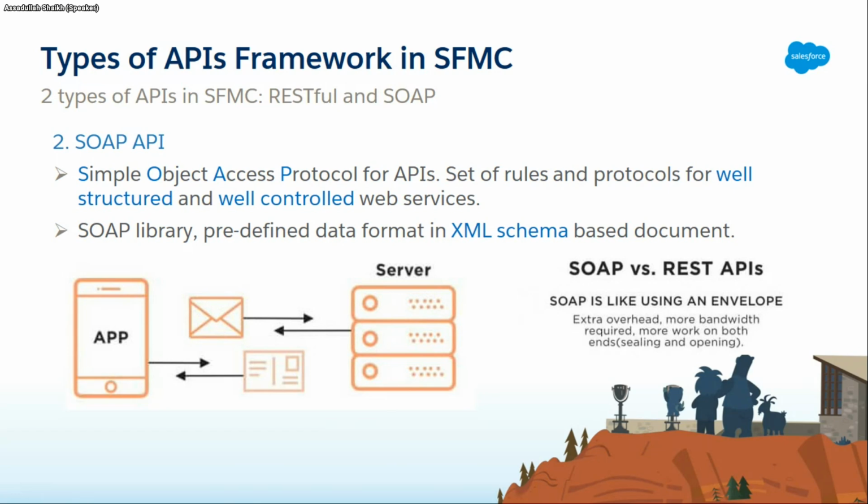So the bank has to seal the envelope and the client has to open the envelope. But when you are sending a postcard, or let's say a newspaper, it doesn't require anything, right? You just simply drop the newspaper wherever you want. So that is basically the difference between SOAP API and REST API.